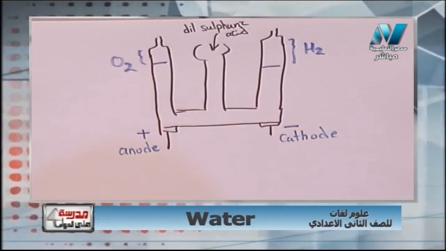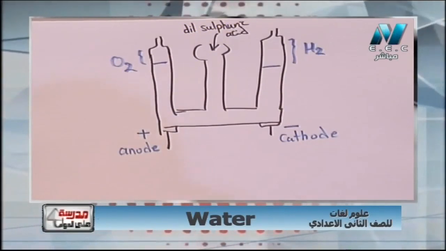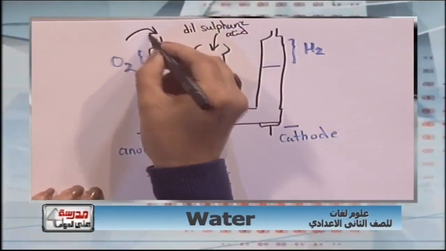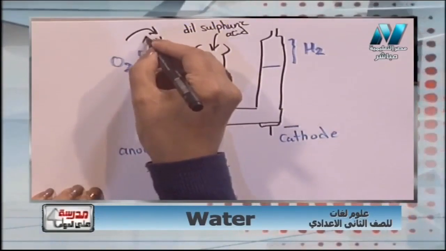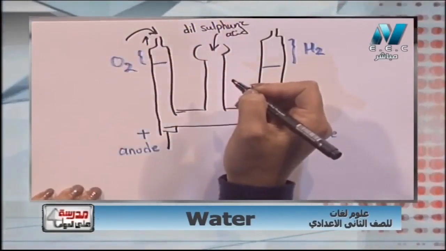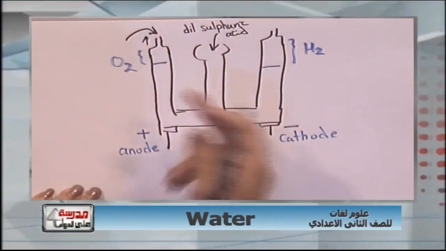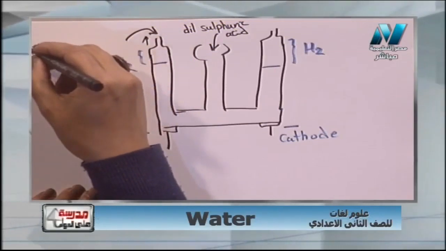Okay, how can I test for both oxygen and hydrogen? When I open this here, the oxygen evolves from this side, and I can test it with a glowing splint. If there is a glowing splint or a burn, it will increase.